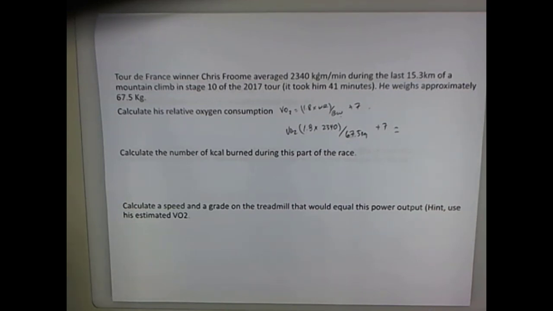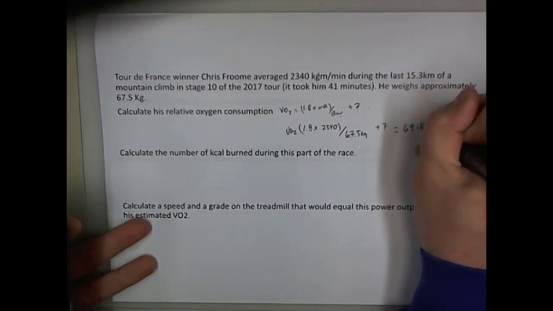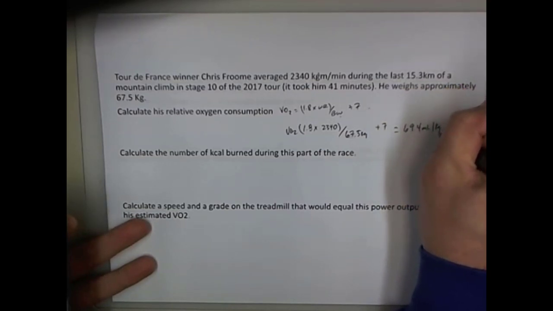I'm going to do the quick math since this is so straightforward. So 1.8 times 2340 gives us 4212, divided by 67.5 gives us 62.4, plus 7 gives us a VO2 of 69.4 mils per kg per minute.